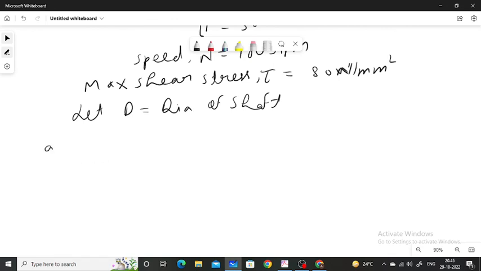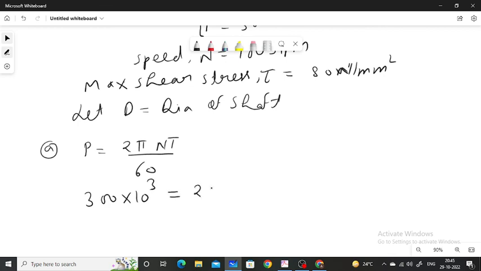Okay, now we know that power transmitted by the shaft is 2 pi NT by 60. Here power transmitted is 300 into 10 to the power 3 is equal to 2 pi, and RPM is given as 100, 100 rotations per minute.